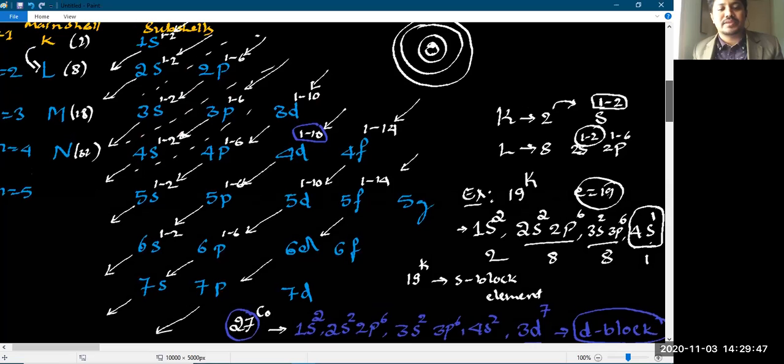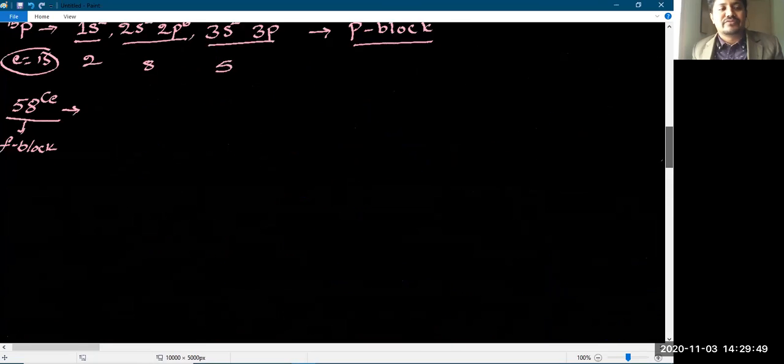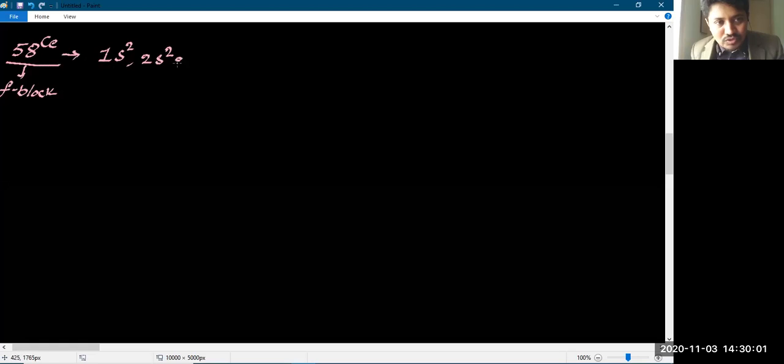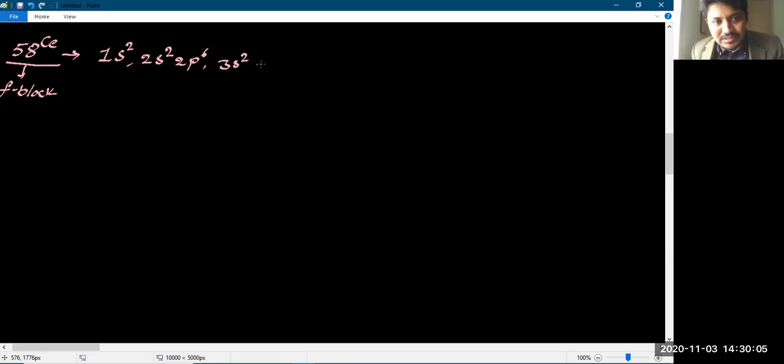Look here. First, I am supposed to distribute the electrons in each shell. That is 1s2, 2s2, 2p6, 3s2, 3p6, 3d.